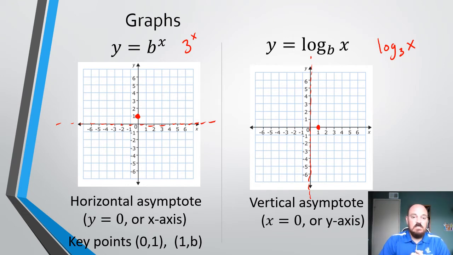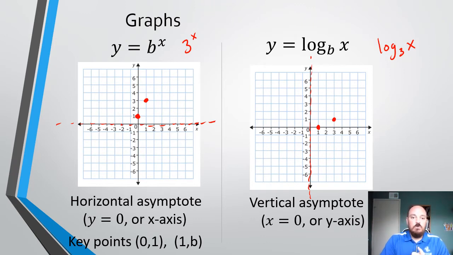So for my exponential graph, I would go to the point 1, 3, over 1 up 3. That means for my log graph, instead of 1, 3, I would get 3, 1. So I'm going to go over 3 and up 1. So you guys can see I've done the exact same 3 things for log base 3 of x that I would for 3 to the x, except I just switched x and y on each one.